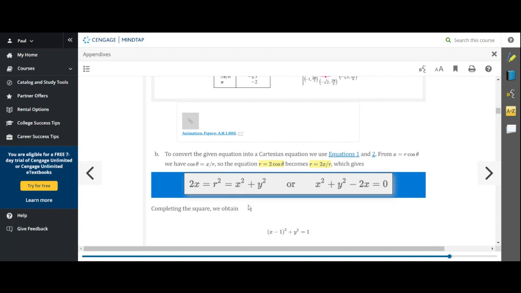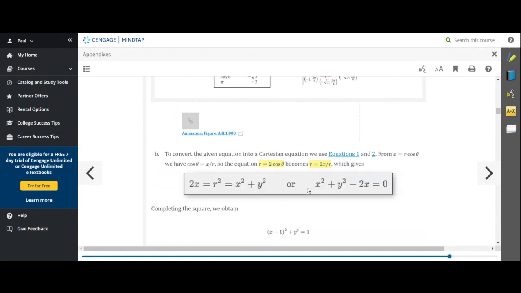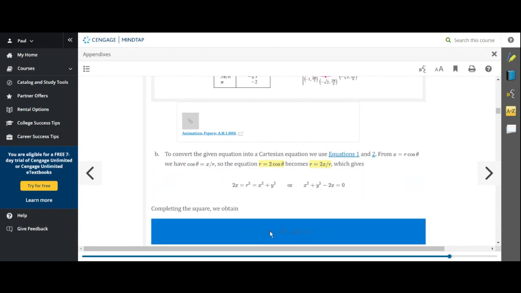Now that's not a form you're used to, but look, we can complete the square and write x squared plus y squared minus 2x equals 0 as the quantity x minus 1 squared plus y squared equals 1. You just add 1 to both sides of the equation and complete the square. Okay, if you need to, maybe I'll show that to you real quick.